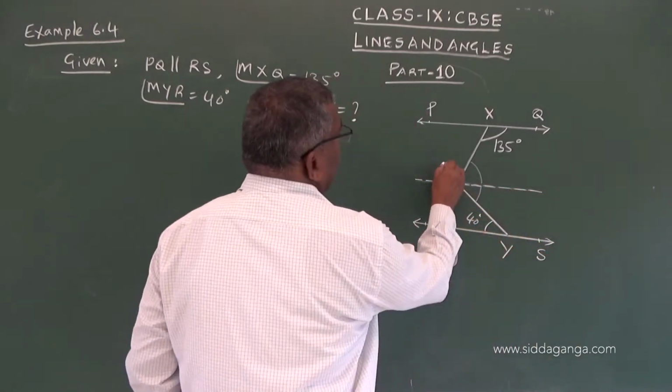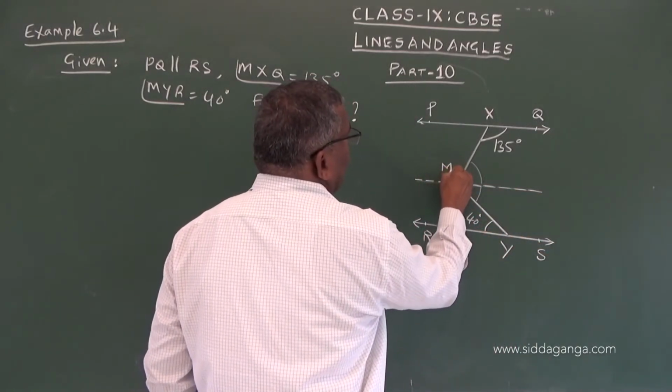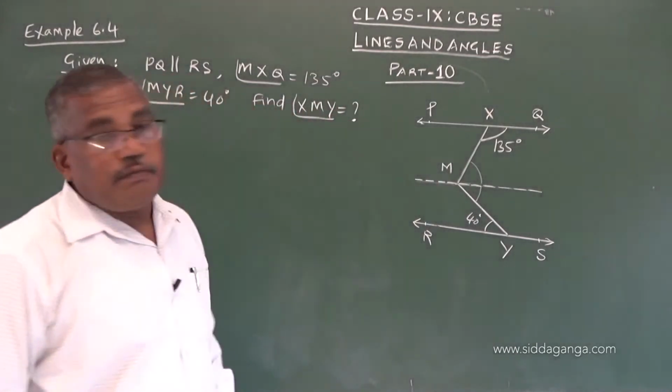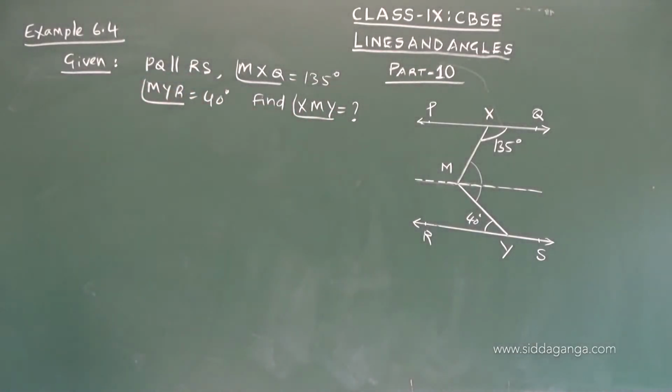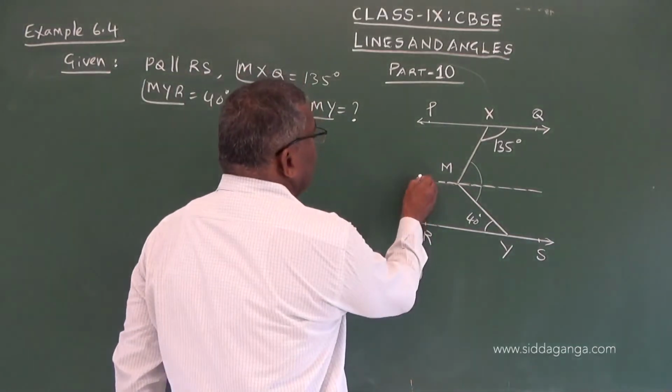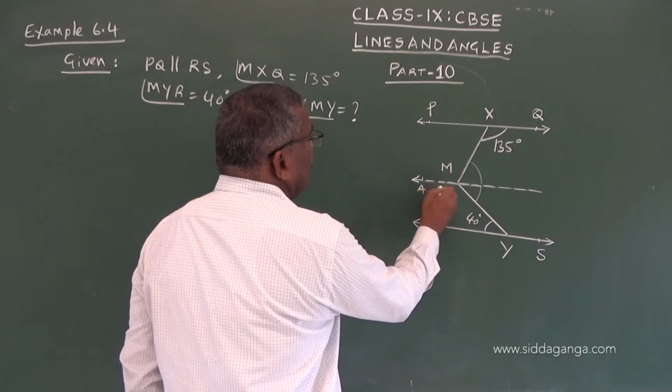So this is point M. I have drawn a line parallel to PQ, and I will call this AB.